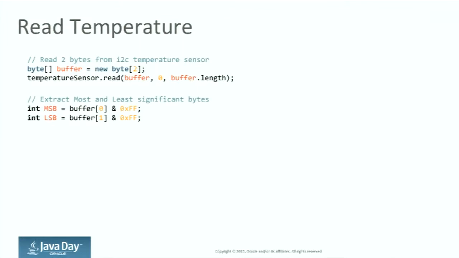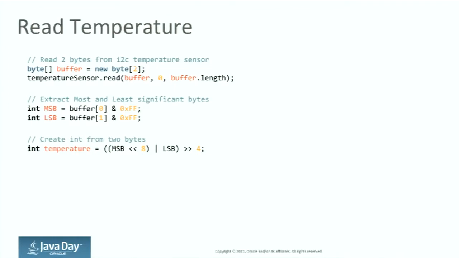Now, I2C only supports bytes, but sometimes you want to have a number bigger than a byte. So in this case, it contains an integer that's 2 bytes joined together. So we need to read those 2 bytes and then join them by shifting 1 to the left.